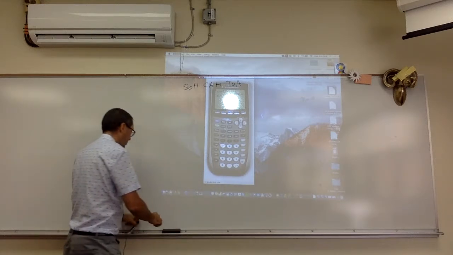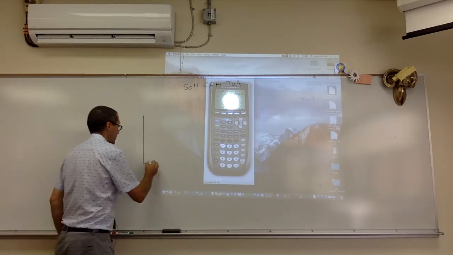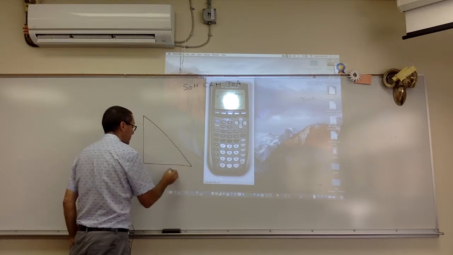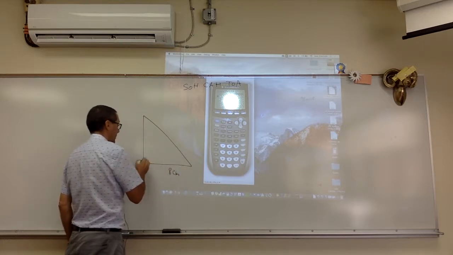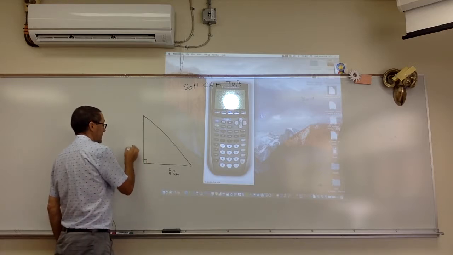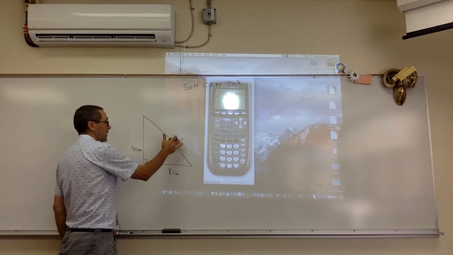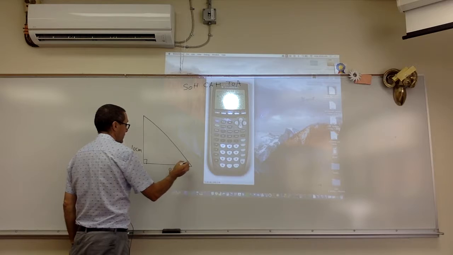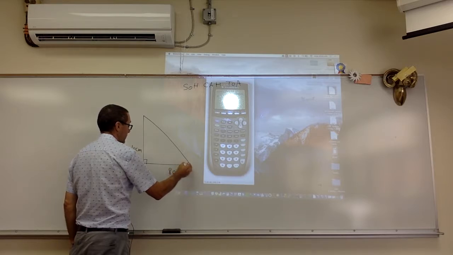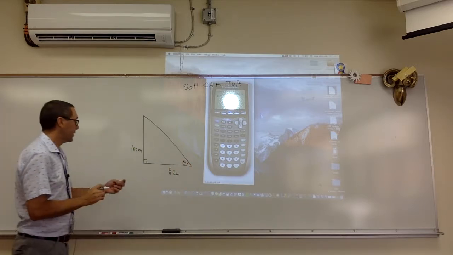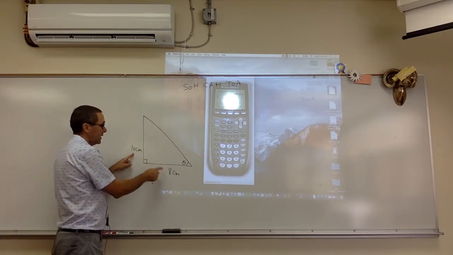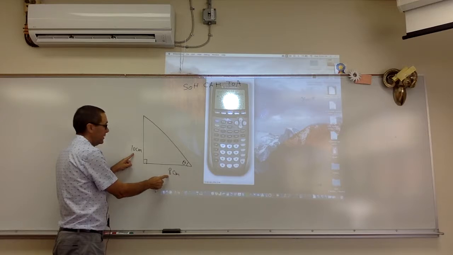Now let's do another example. Let's say I have 8 centimeters here and 10 centimeters here, and I'm trying to figure out this angle here. Looking at this angle, I can see the opposite side and the adjacent side.